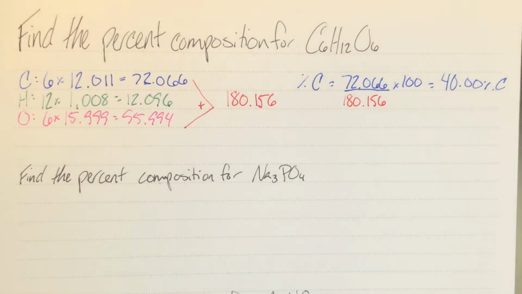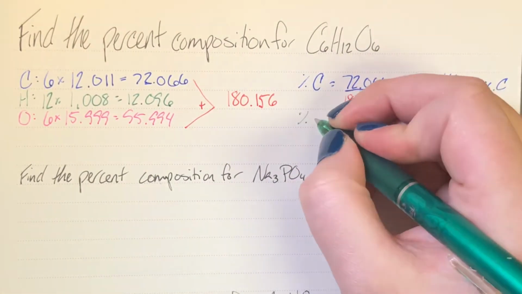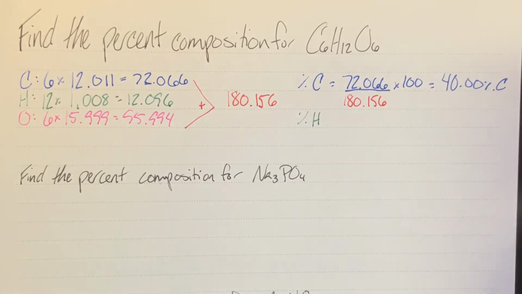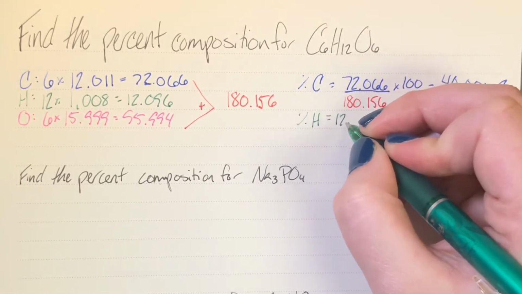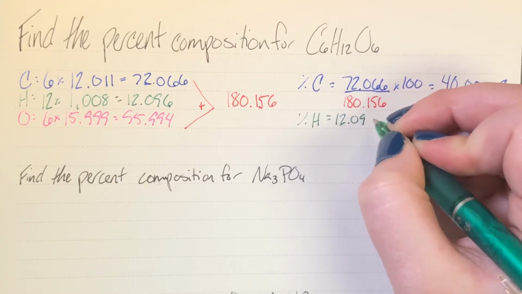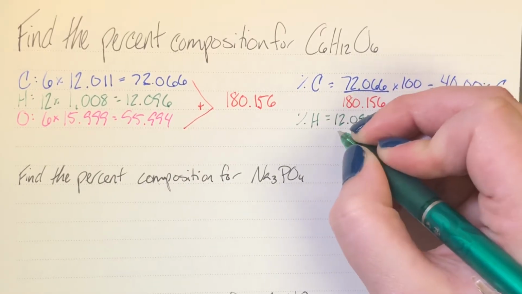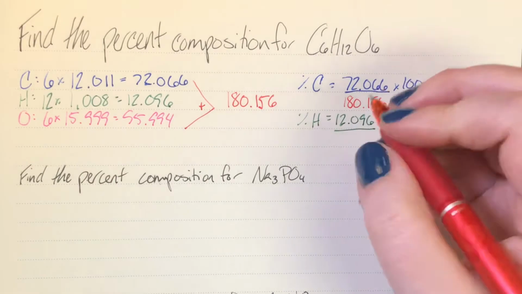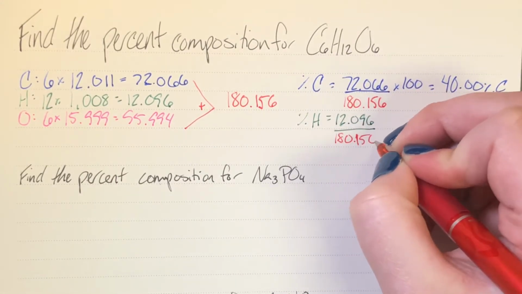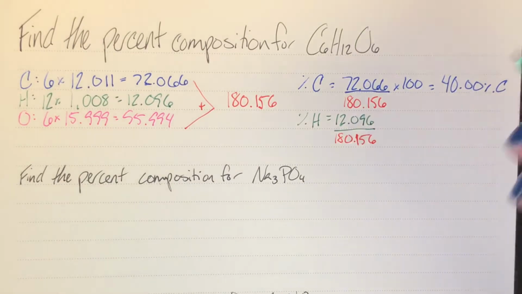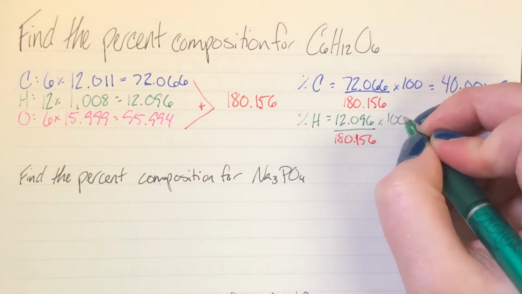Then I'm going to go ahead and calculate for percent hydrogen. So hydrogen, I'm going to have the 12.096. I'm going to be dividing that by the total mass of the compound, which was 180.156, and I'll be multiplying that by 100.